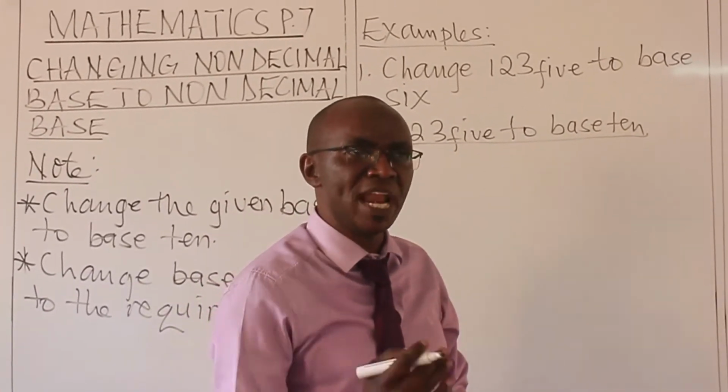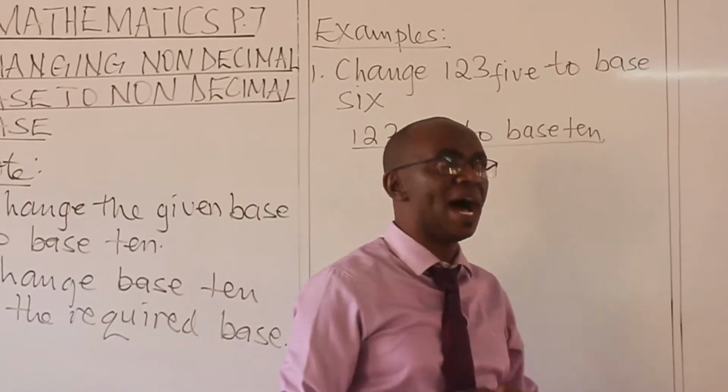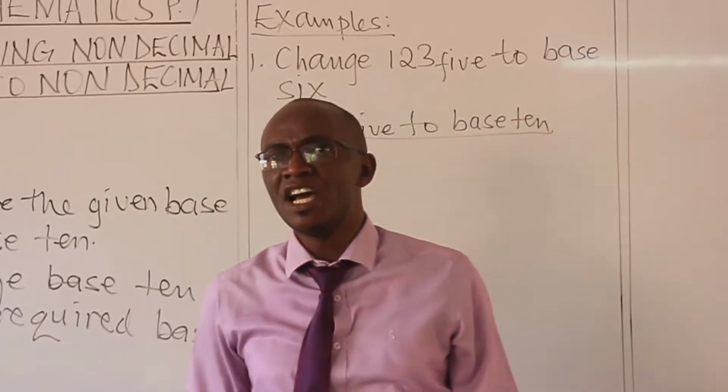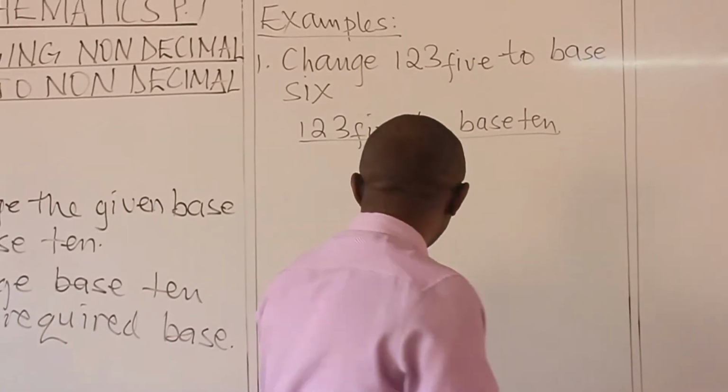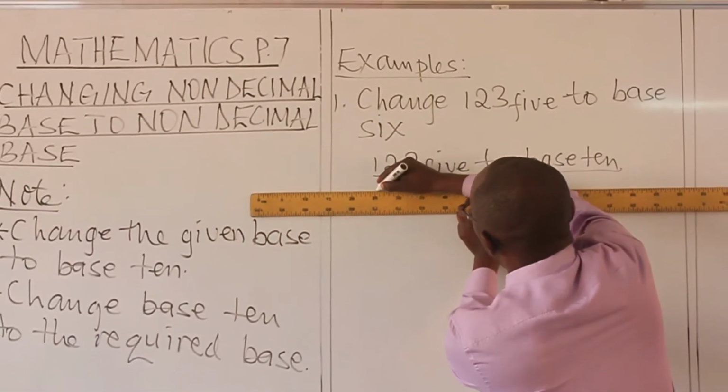And remember last time, when I was teaching the subtopic, I said that when you are changing from non-decimal to base 10, draw a table. Organized and neat work is very important. So draw a table.